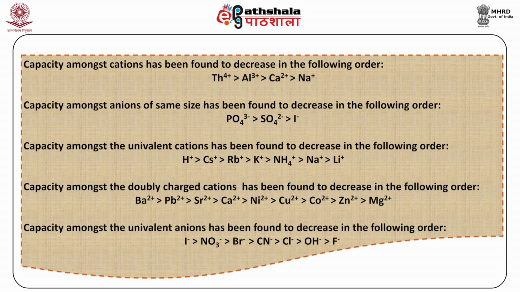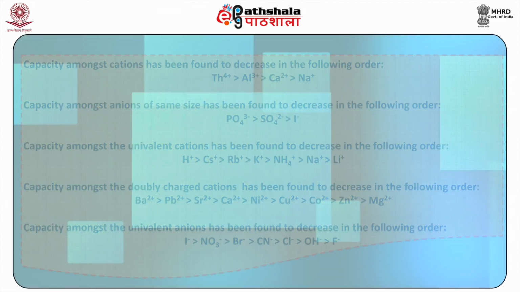Thus, amongst the univalent cations, the capacity has been found to decrease in the given order. Amongst the double charged cations, the capacity has been found to decrease in the order from barium to magnesium. Amongst the univalent anions, the capacity has been found to decrease in the order where the iodide is maximum, followed by nitrate, bromide, cyanide, chloride, hydroxide and the fluoride ions.